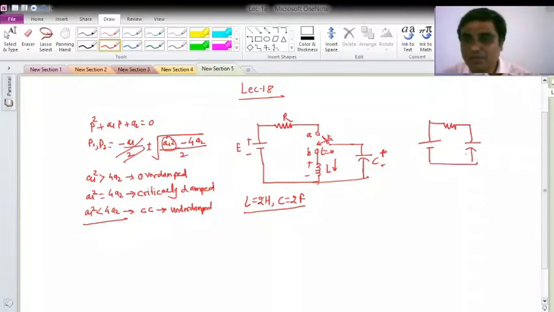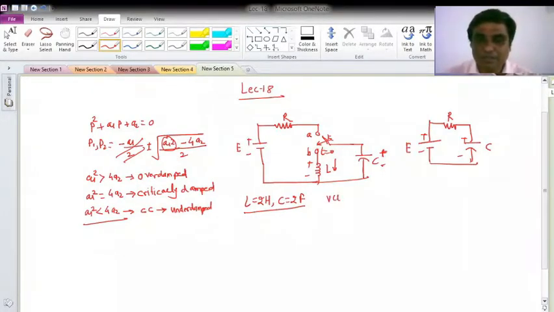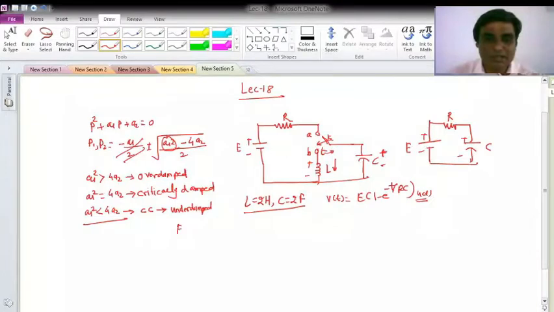Your capacitor will be charged fully after 4 or 5 time constants, and the voltage across the capacitor will be E into 1 minus e raised to minus t upon RC, RC being the time constant, into u of t, the switching function. Let us consider E as 20 volt. I am assuming the capacitor has been charged to 20 volt.